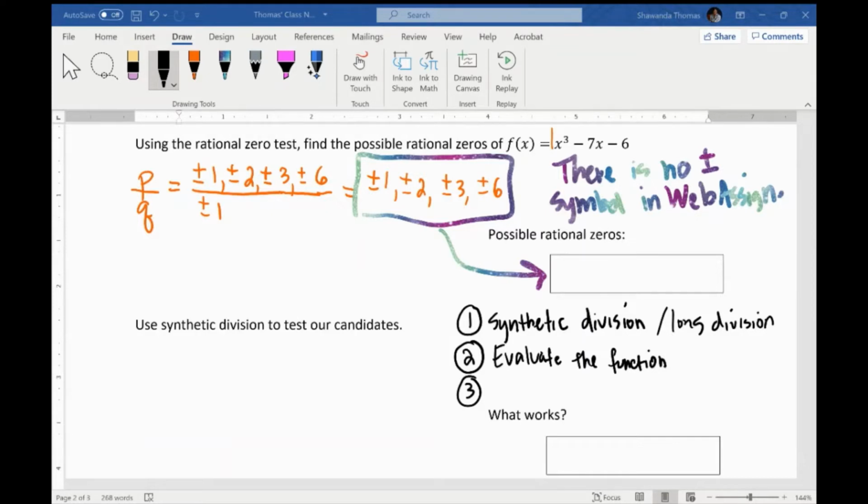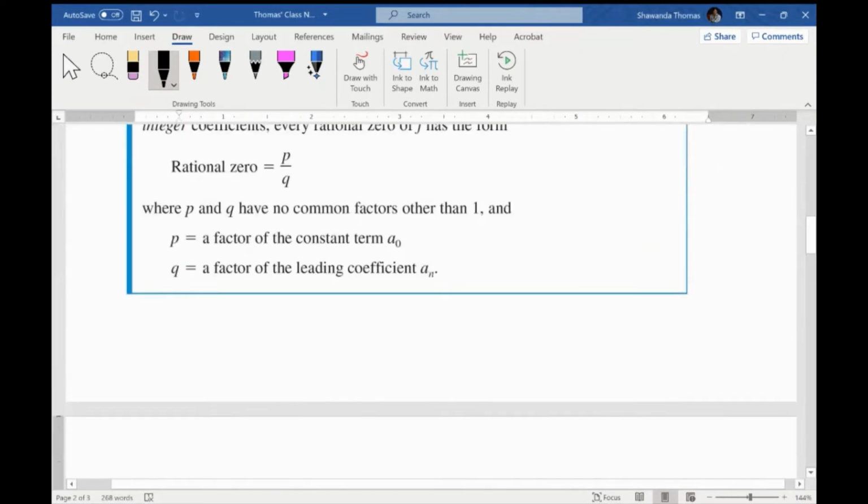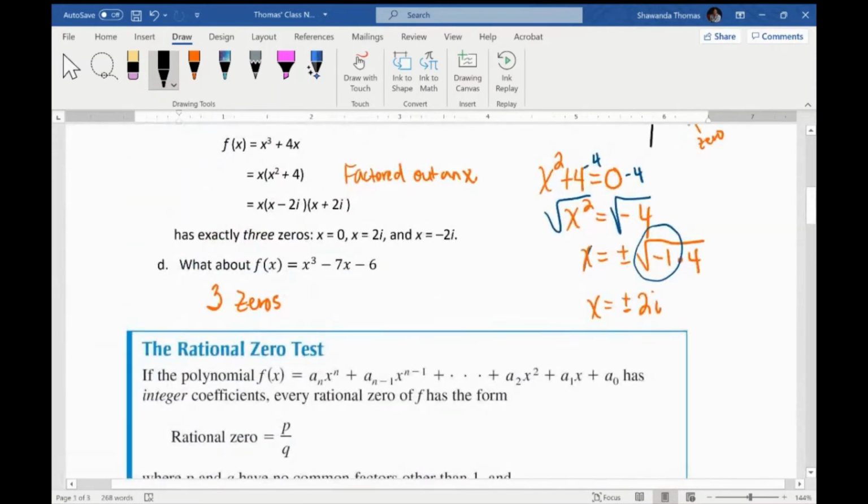Well, if we set it to 0, that's what we were saying earlier. Let's say we set this to 0 right here. If we set x cubed minus 7x minus 6 equals 0, where can we go from there? It's not a quadratic. We can just add 6, but that's not going to help us, right?